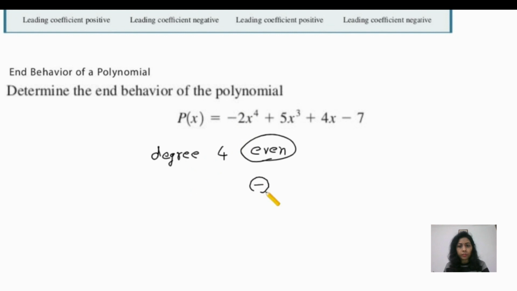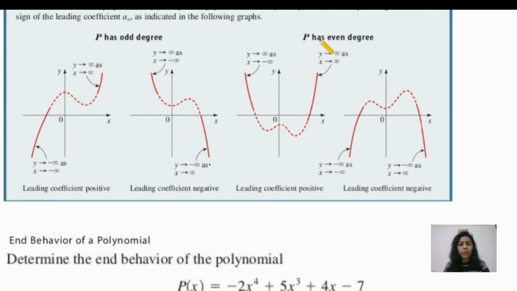So we have two pieces of information: this is even degree and the leading coefficient is negative. So here we can see P has even degree and negative leading coefficient. It means our graph looks like this.